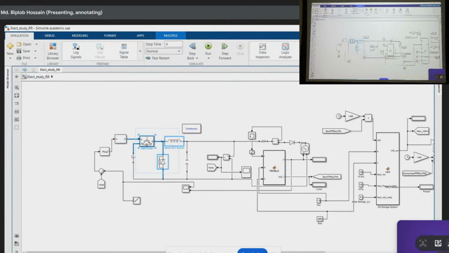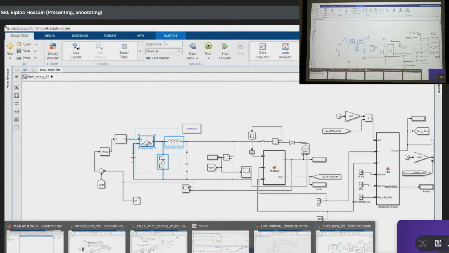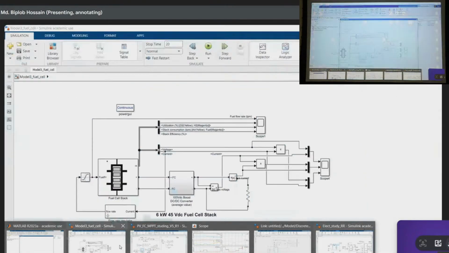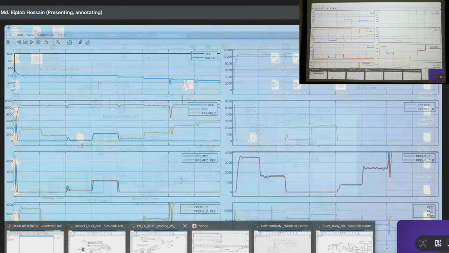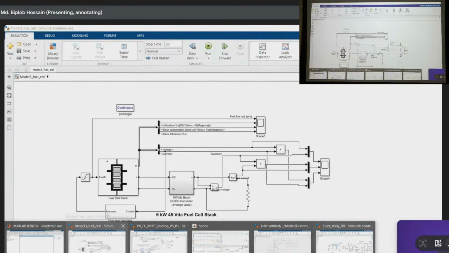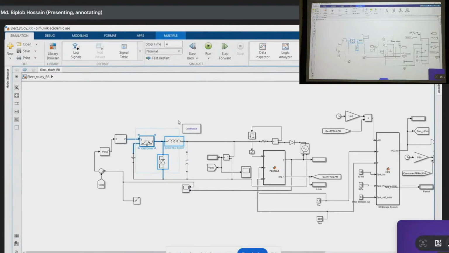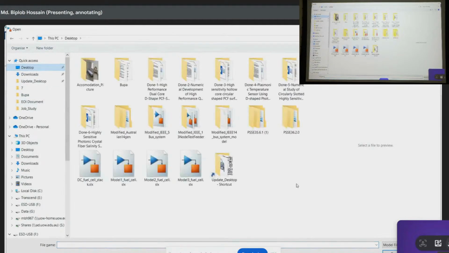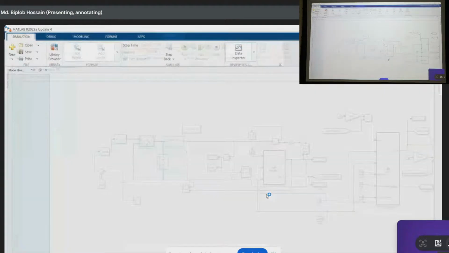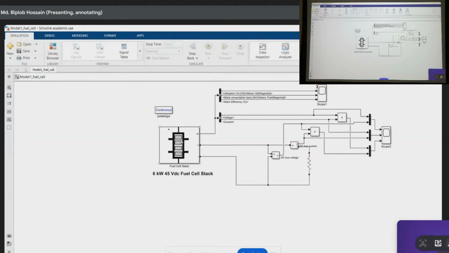For example, in our current model, where is that model? Here we can see this is the load and this is the source.